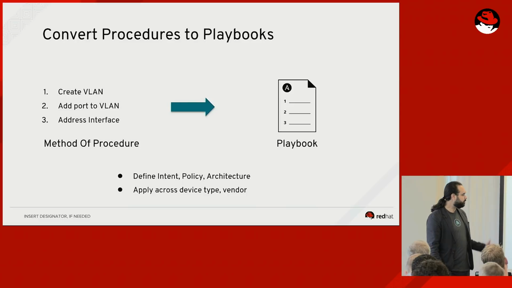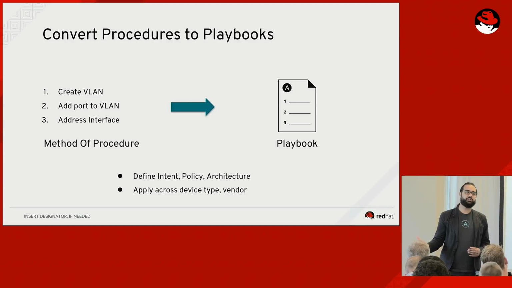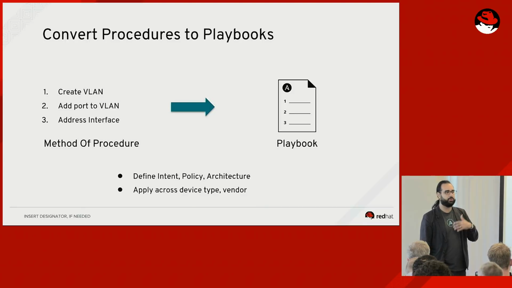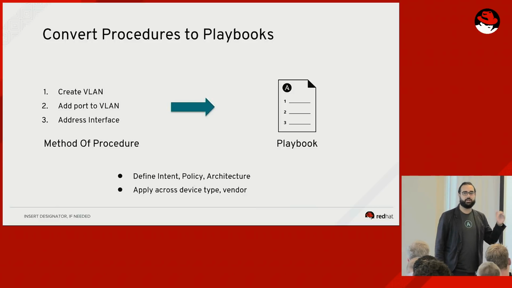Anyway, consider you want to create a VLAN. Regardless of whether you see this as a unit or each device, the process is still the same. You need to create a VLAN, then add ports to that VLAN, regardless of whether they are trunk or access. Then you potentially need to create an interface VLAN, so you bring some routing to that particular VLAN. In the playbook, what you describe is exactly this.